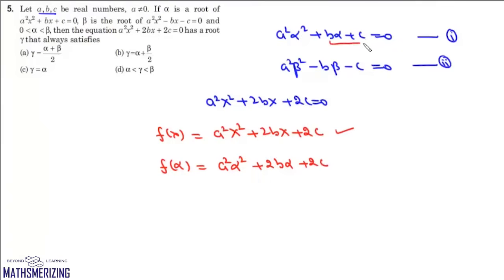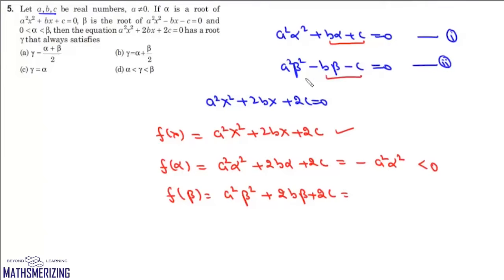Now b alpha plus c is minus a squared alpha squared. So it will be minus a squared alpha squared, which is less than 0. And if we find f(beta), it will be a squared beta squared plus 2b beta plus 2c. Now b beta plus c is a squared beta squared.